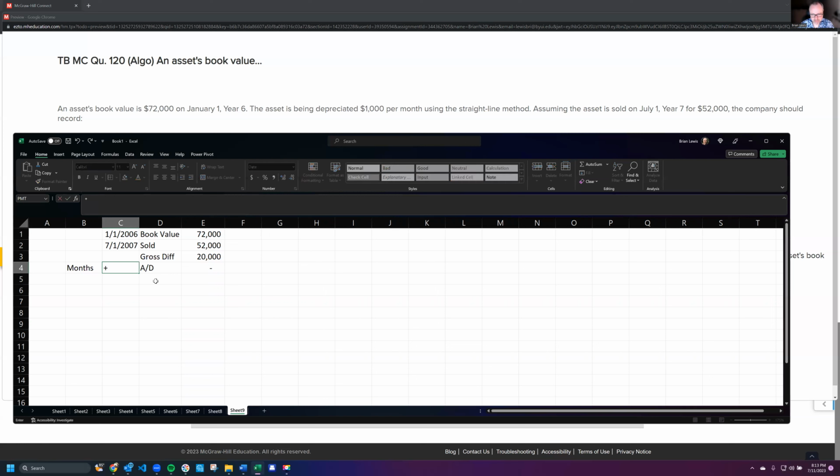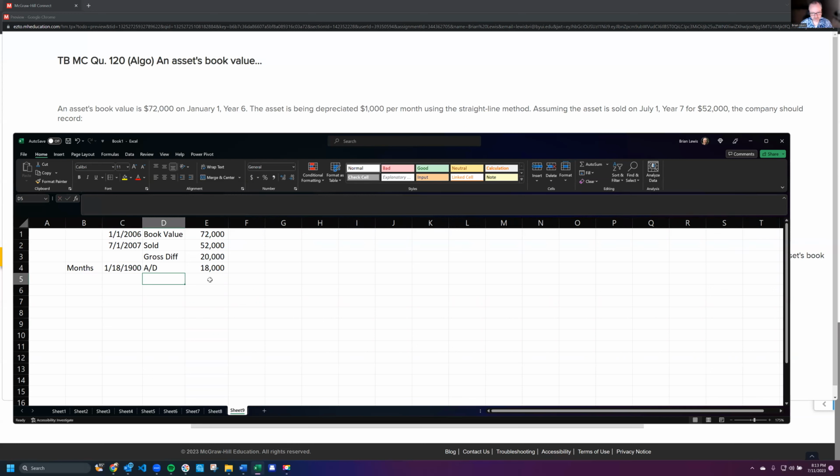Number of months in 2006 is 12, plus the number of months in 2007, which is actually 6, right? So January through end of June. So that's 18 months. So we've accumulated $18,000 in depreciation, and we have $2,000. And so this is the net difference, plus that minus this.